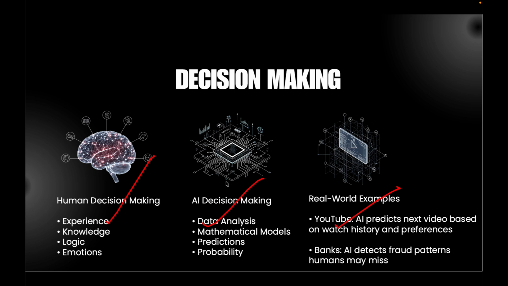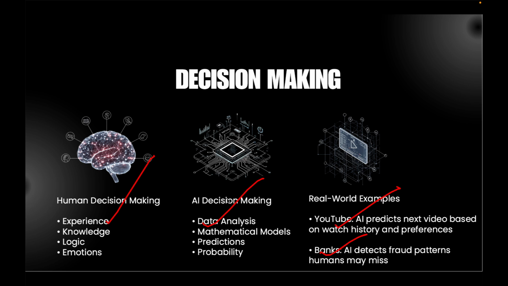A bank uses AI to detect fraud patterns that humans might miss. AI can analyze thousands of transactions in seconds and identify unusual activity quickly. The biggest difference is that humans use emotions, personal experiences, etc. AI uses data, calculations, algorithms, and training models, and on the basis of that it takes a decision.